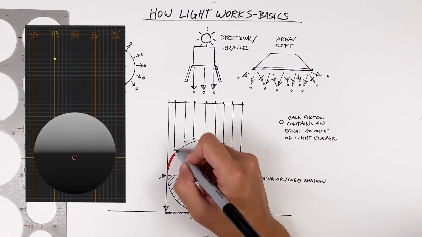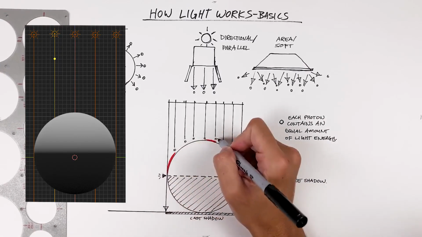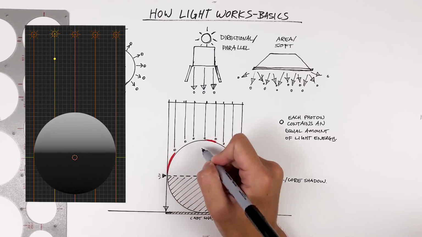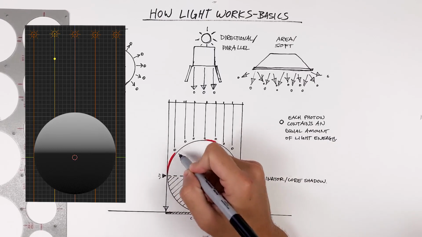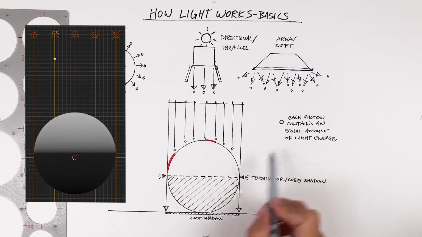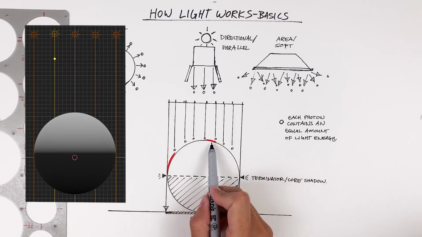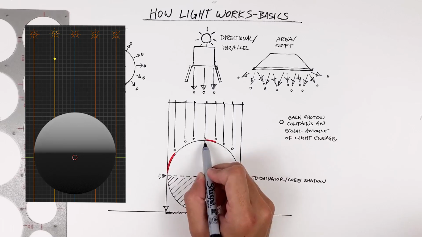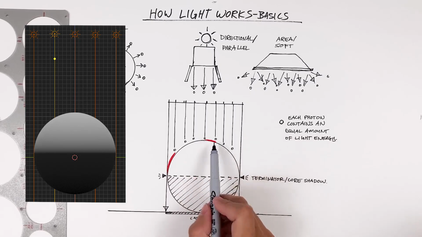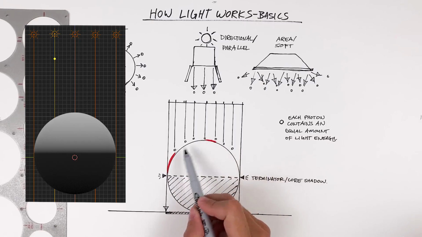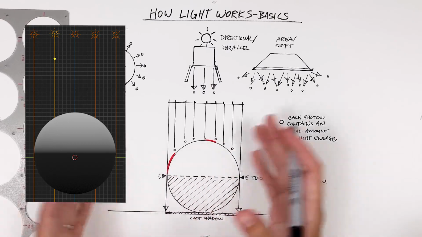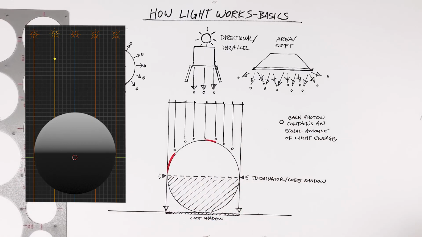So this photon, which contains the same amount of energy as this photon, has a larger surface area of sphere surface to illuminate with that same amount of light energy than this does, right? If they contain the same amount of light, these two photons have less area of sphere to illuminate between the light energy that they have than this guy and the photon at the edge, right? They have to illuminate a larger surface area with the same amount of light energy.